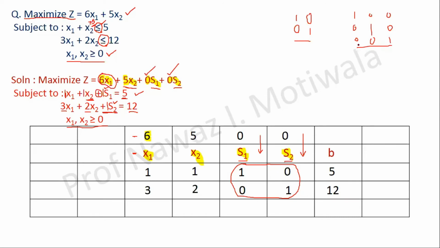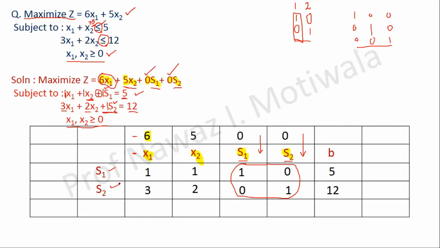In order means this 1, 0 should come first. This is my first column and this will be my second column. So we have to see which variable makes the first column 1, 0. You can see that 1, 0 is made by S1 only and 0, 1 is made by S2. So my order will be S1 and S2. Hence, observe on the screen, at this particular place I will write S1, S2. Here I have written it, S1, S2.